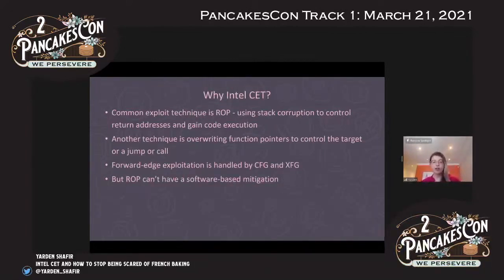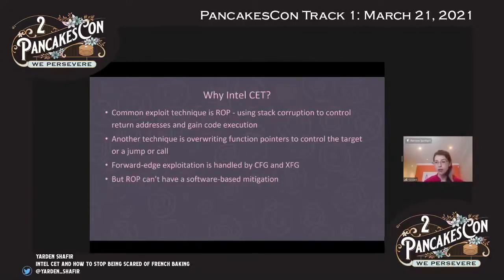Other ways are, for example, overriding a function pointer in a function table. So a call instruction will call the address you put in there instead of the address that was originally there. That's something that's handled mostly through software with CFG or the newer XFG. But ROP is something that cannot be handled through software.